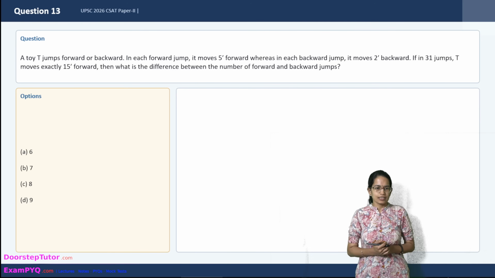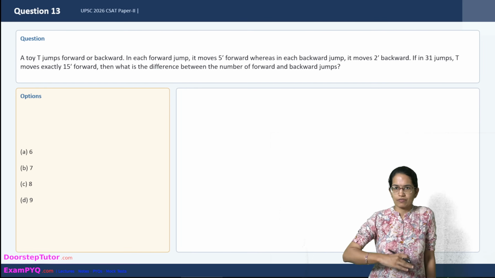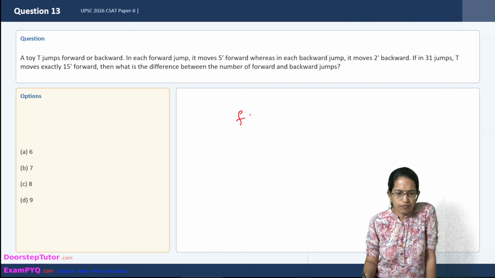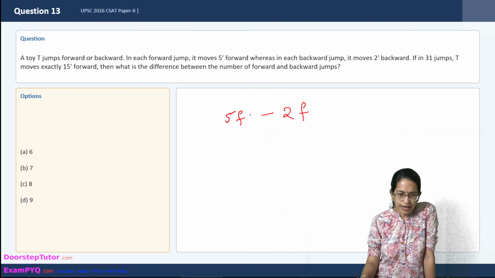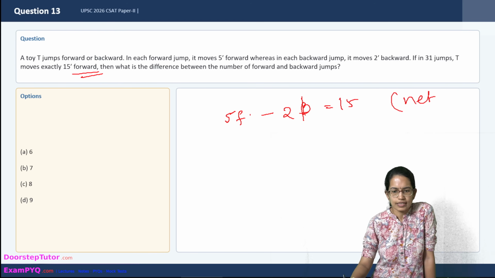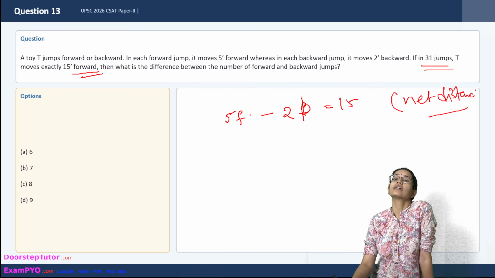The next is an interesting problem. Now the toy jumps forward, backward, right? Each forward jump moves 5 forward and then backward 2. So minus 2 backward, right? And that forward, backward, right? So now how much exactly forward is it? It is 15 forward. So that is the net distance. But again, it says how many jumps are there? 31 jumps.